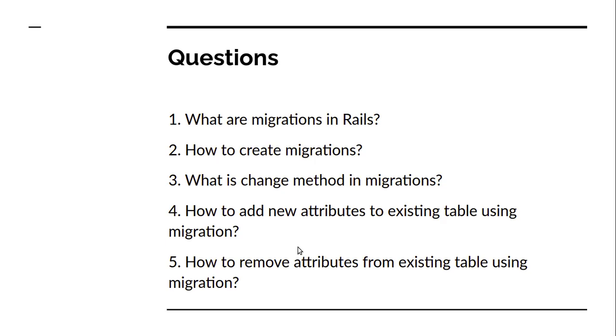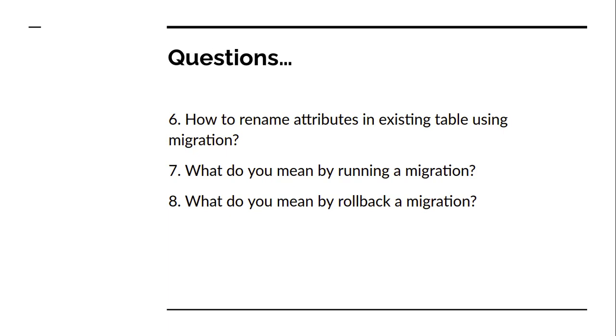Okay, so now this is the question time. The first question is: what are migrations in Rails? How to create migrations? What is the change method in a migration? How to add a new attribute to an existing table using migration? How to remove attributes from an existing table using migration? How to rename attributes in an existing table using migration?